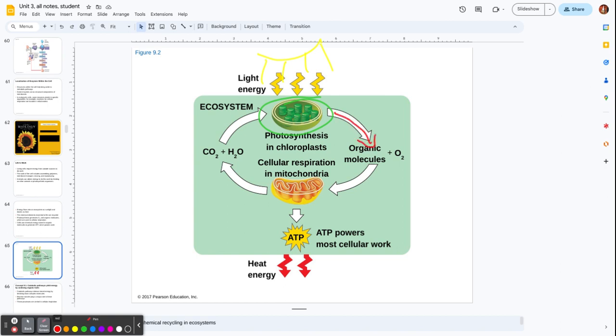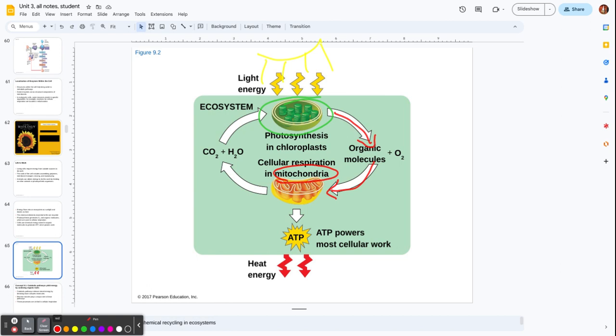After photosynthesis, we make those yummy molecules that then have to be broken down in cell respiration. And that happens partly in the mitochondria, but not completely. I know it says the mitochondria here, but not all cell respiration takes place in the mitochondria. We'll talk about that.